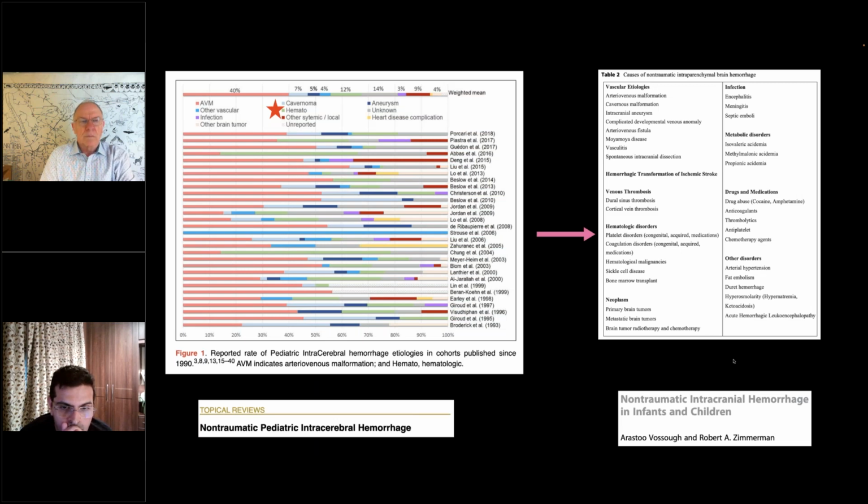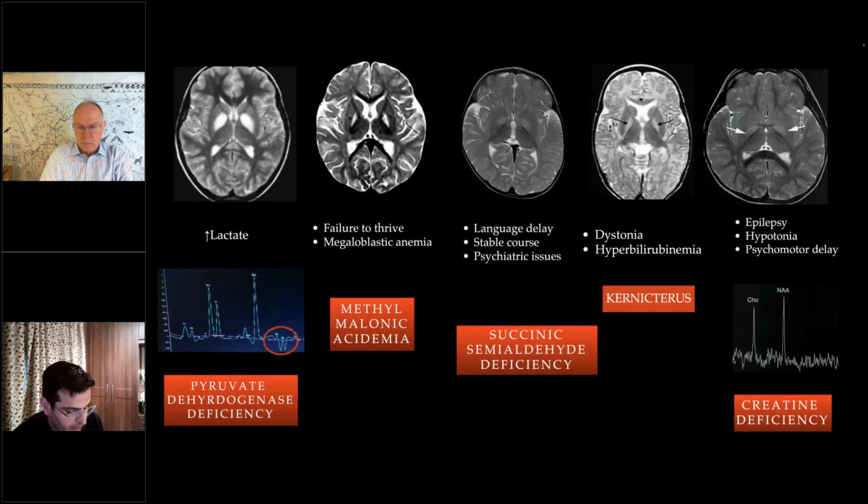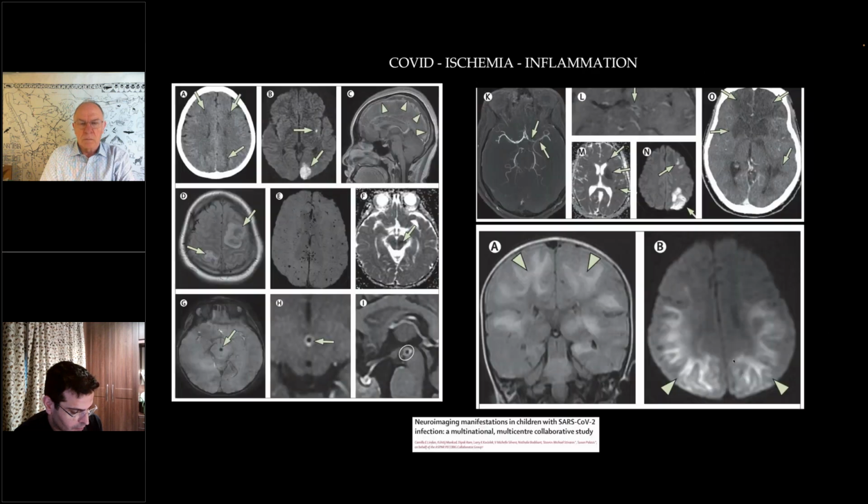There were some abnormalities in the hematological parameters such as autoimmune hemolytic anemia. Bilateral globus pallidus changes, the metabolic disorders were considered, and also hypoxic injury given the cardiorespiratory arrest. COVID was a less likely possibility.